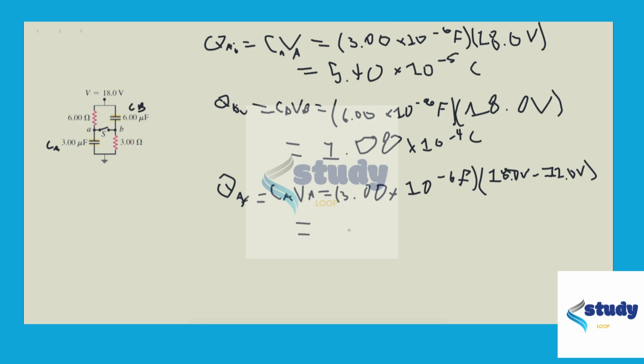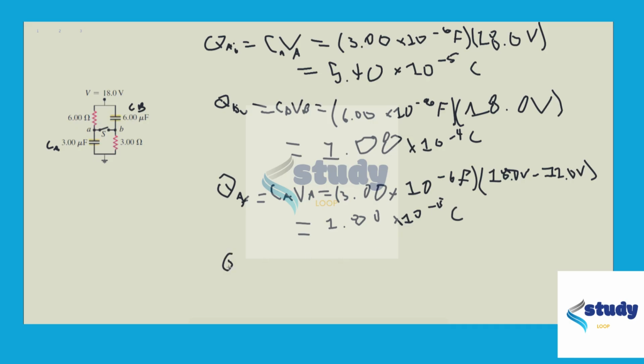So that's equal to 1.80 times 10 to the minus 5 coulombs, sorry, not farads, coulombs.